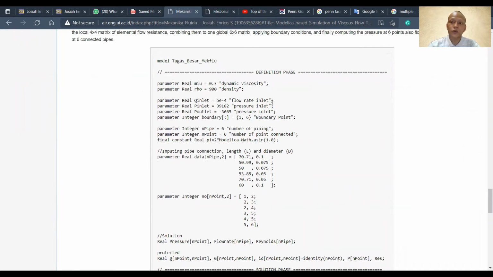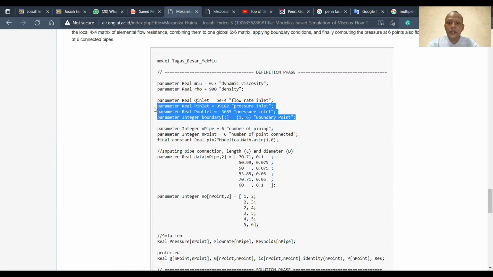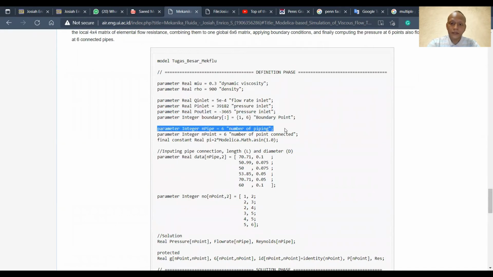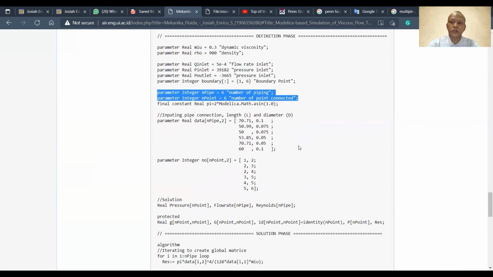As you can see, we're going to rewrite all the information in the problem, starting from the fluid properties in this part, and also we're going to put the boundary properties at the first and sixth node right here. Then we're going to put the number of pipes, and then the number of points connected. Afterward, we're going to use a two-column matrix to define the length and diameter of each pipe.